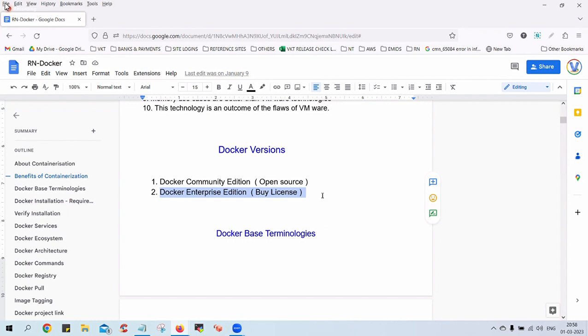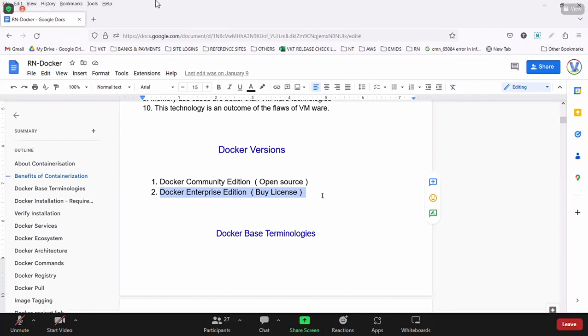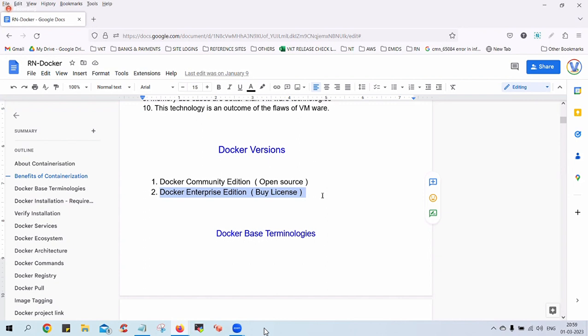So I'll ask a quick question since you guys are almost 70% through your syllabus. Tell me the DevOps tool that you have learned so far which is available free, but there is no enterprise edition. No need to buy a license for it. Jenkins is the answer.